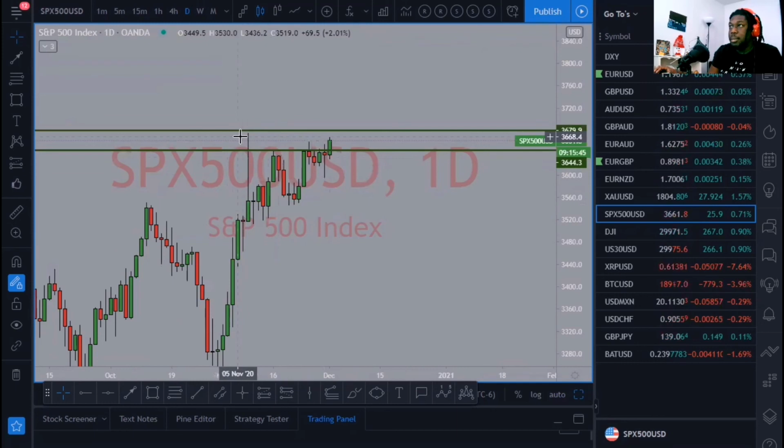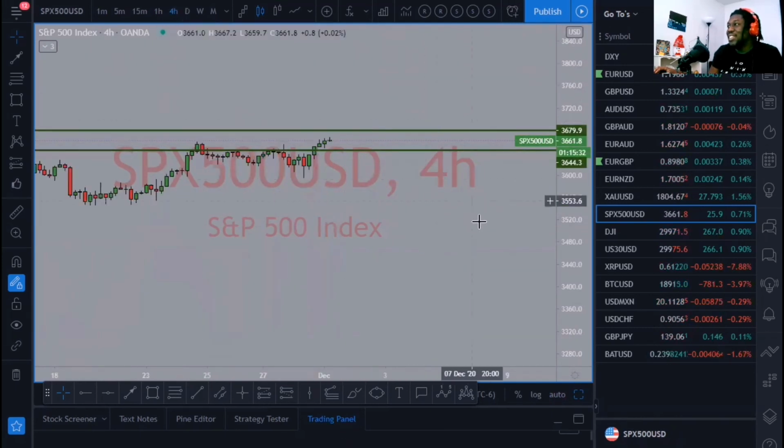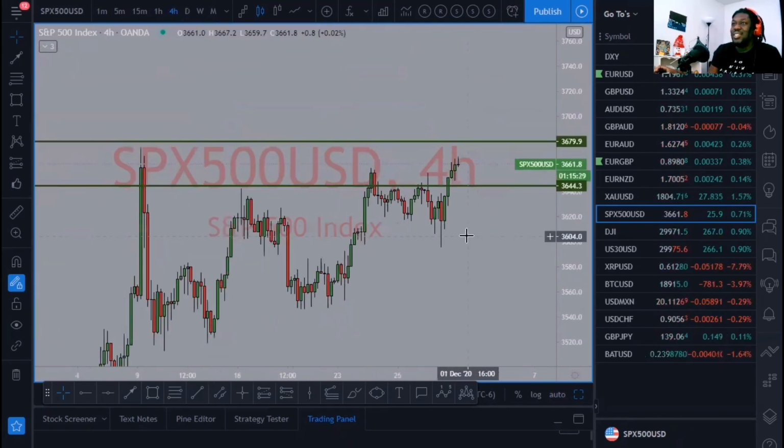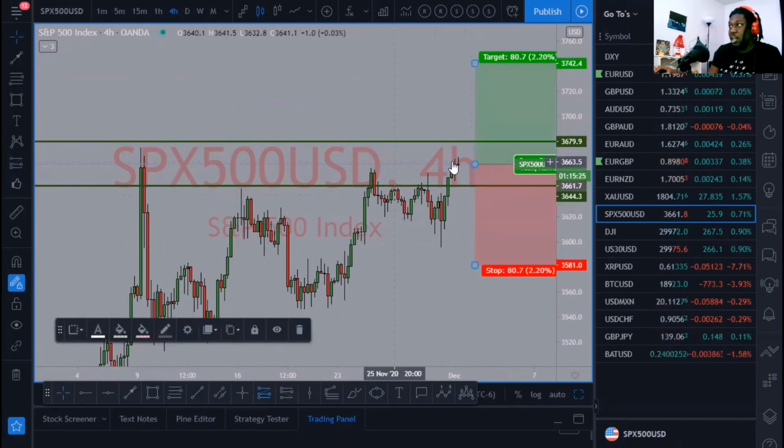If price holds up over here, then this is for the risky traders of the world. If price holds up over here, take that sell, man. But I'm not gonna take that sell with you. It's way too risky for me.